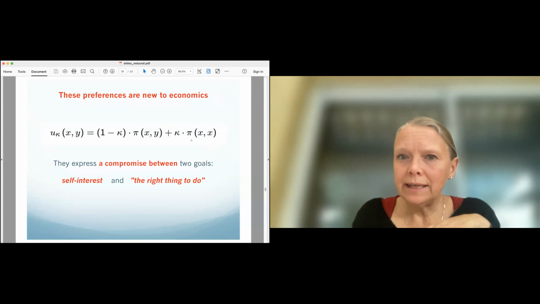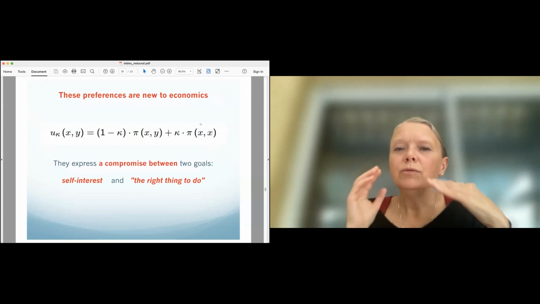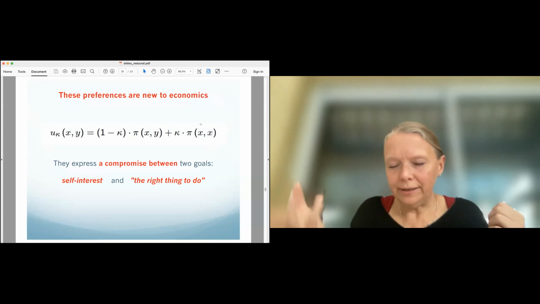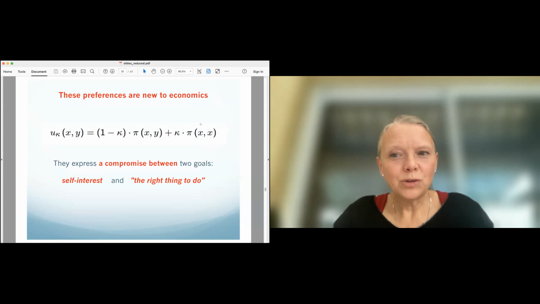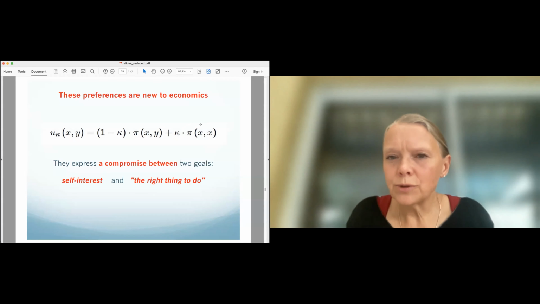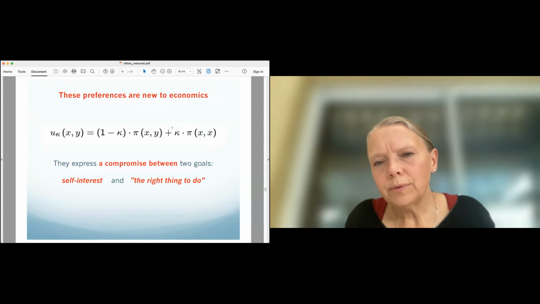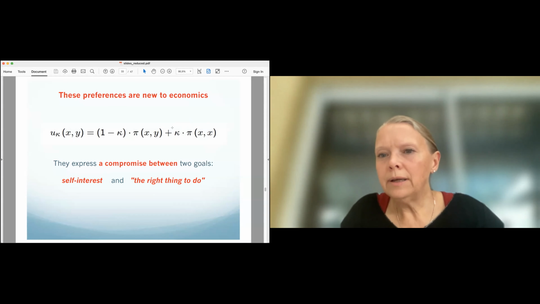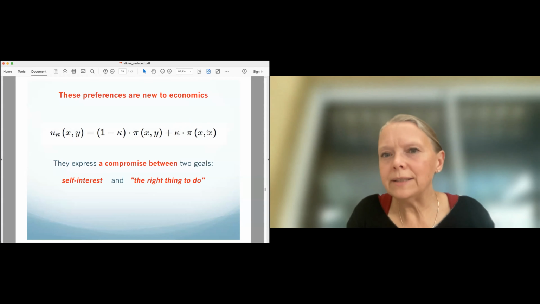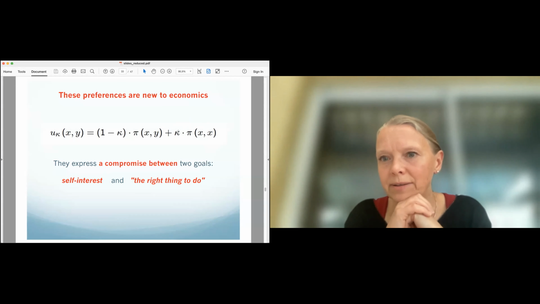And I get utility from hypothetically creating this world in which we both contribute 5. So one way to think about this also is, what is the action I would choose if I were the leader and Yuri would follow my lead with some probability. That's another way of interpreting this mathematical expression.